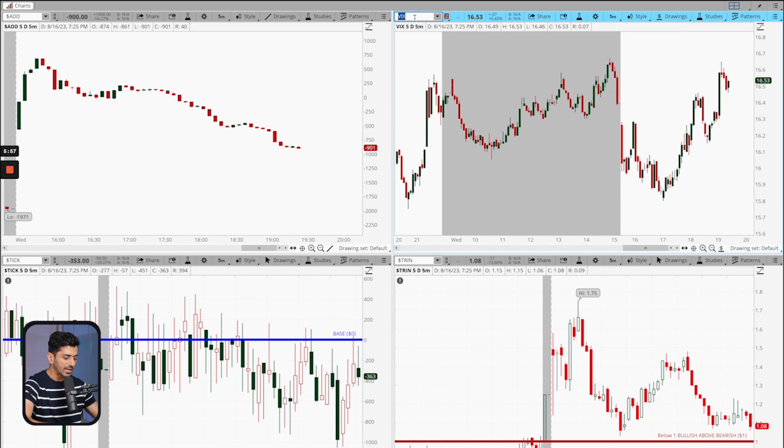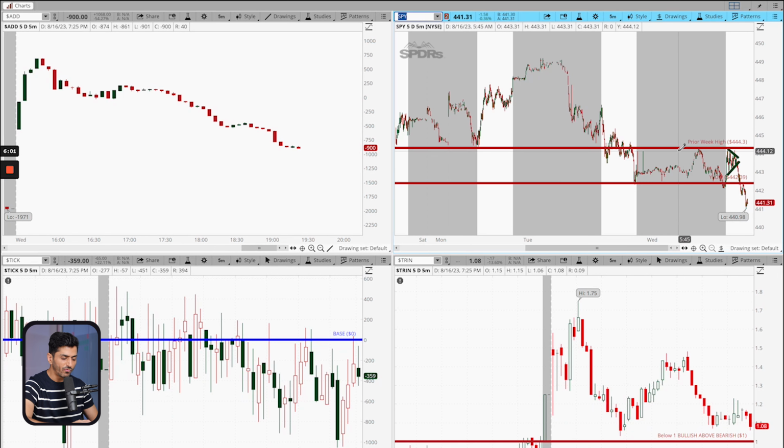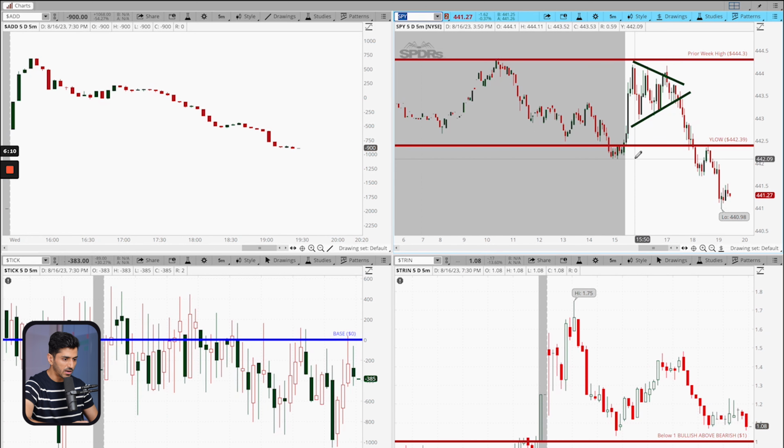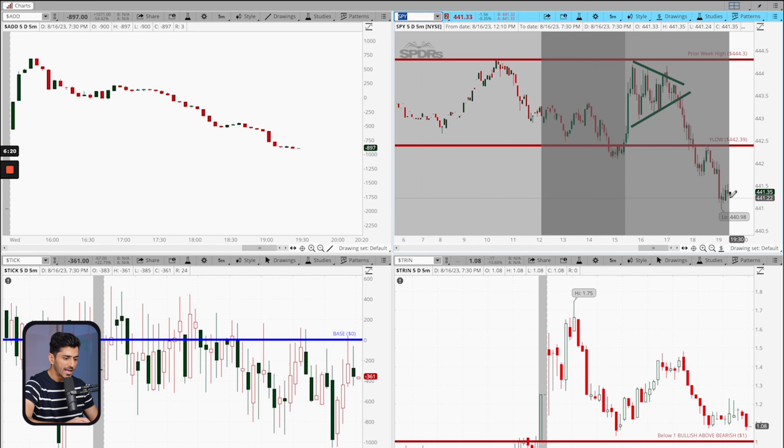And if you look at the price for SPY, how the market moved today, look at that. We consolidated. The breadth is telling us that bears are in control. And look at the move that we made on S&P all the way from 444 to 440.98. Right.